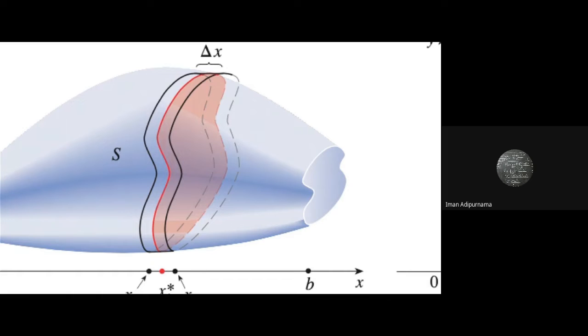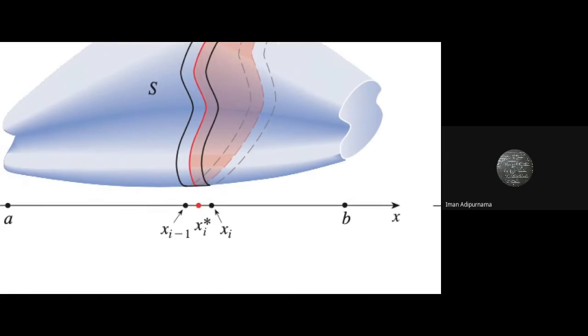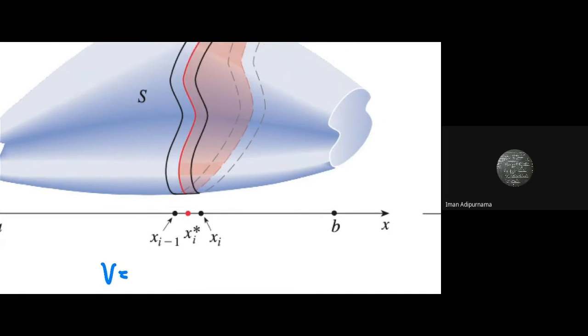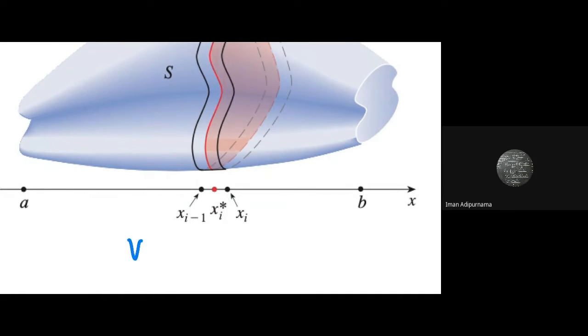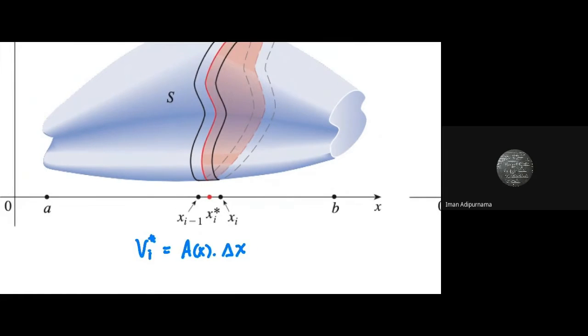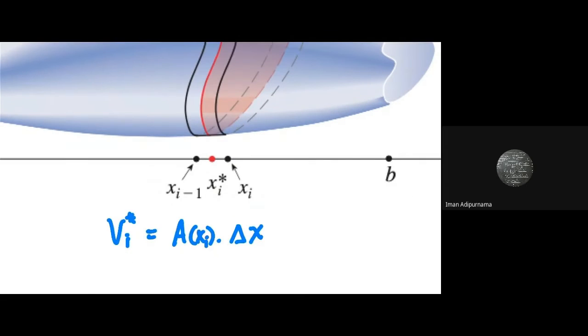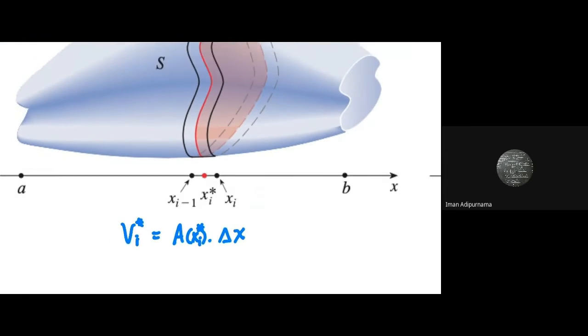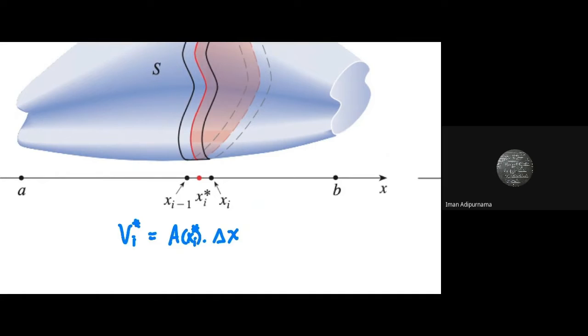So the volume of one piece is A of x multiplied with delta x, and this depends on the sample points.